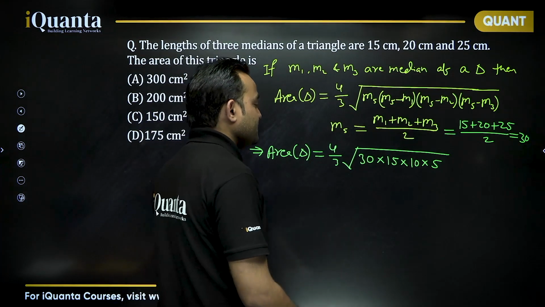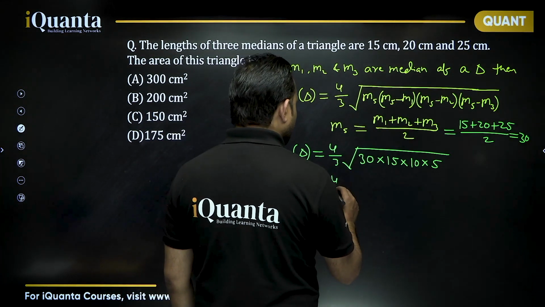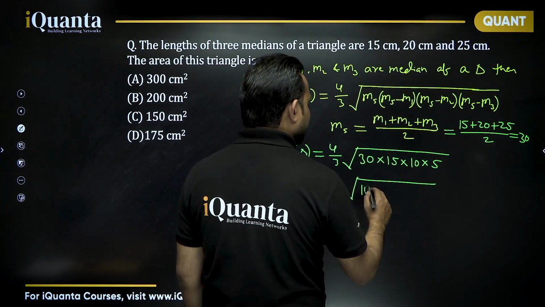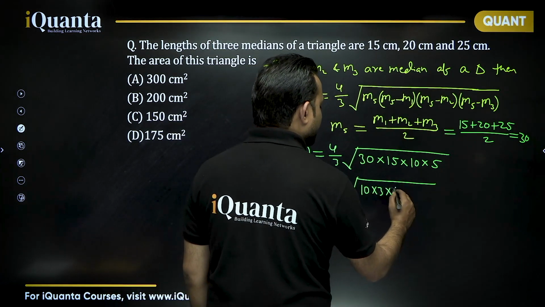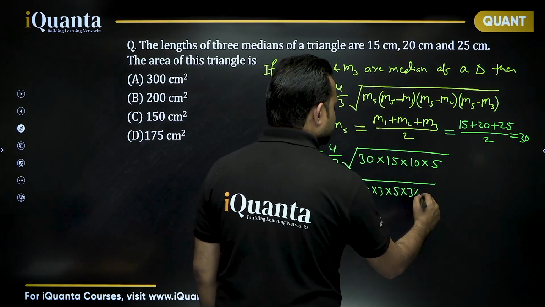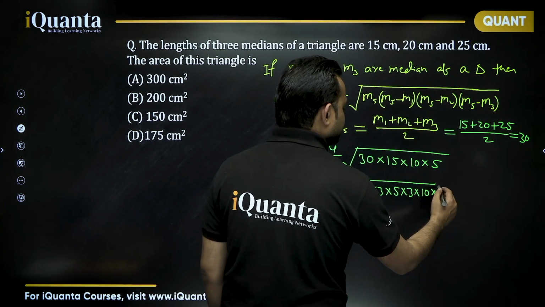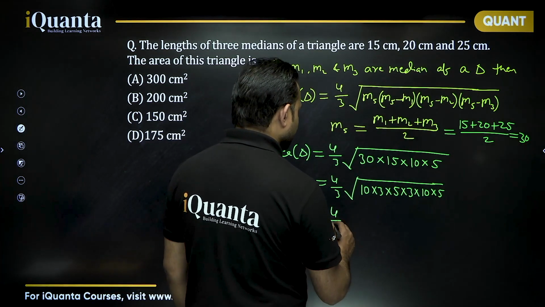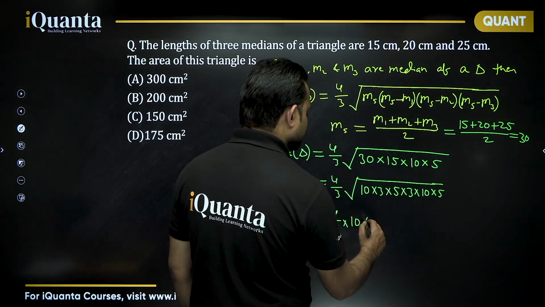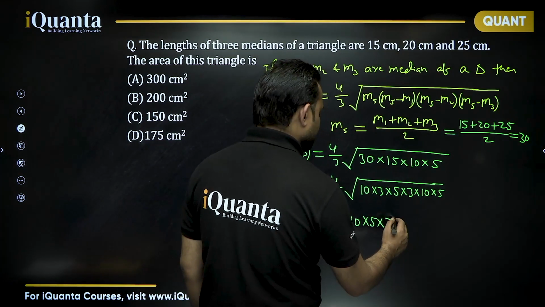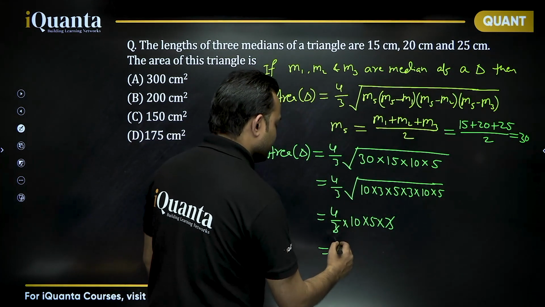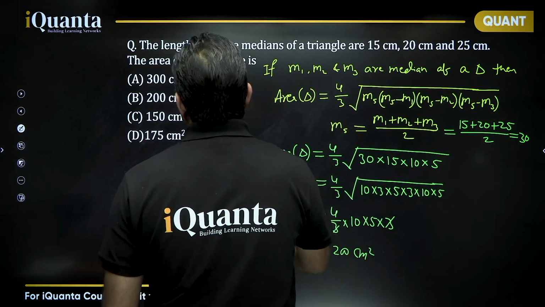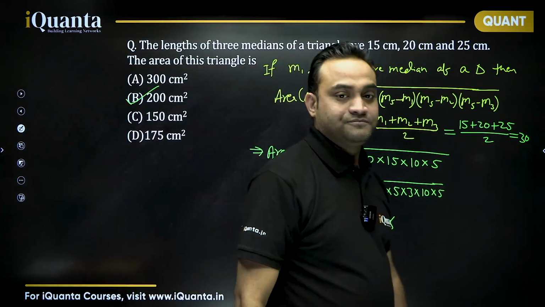We can write this as 10 into 3, 5 into 3, then 10, and then 5. So basically we have 10 square, 5 square, 3 square. So the area will be 4/3 into 10 into 5 into 3. The 3 cancels out. 50 into 4 is 200 centimeter square, which is option B.